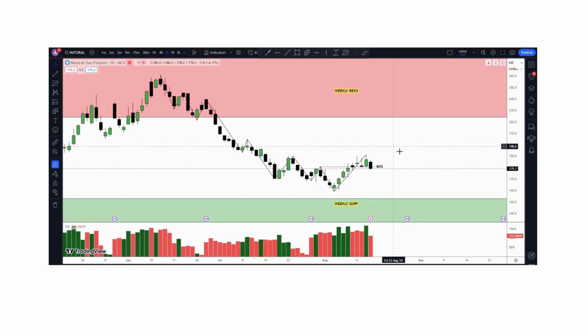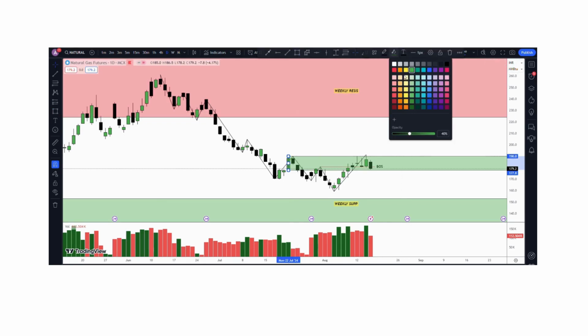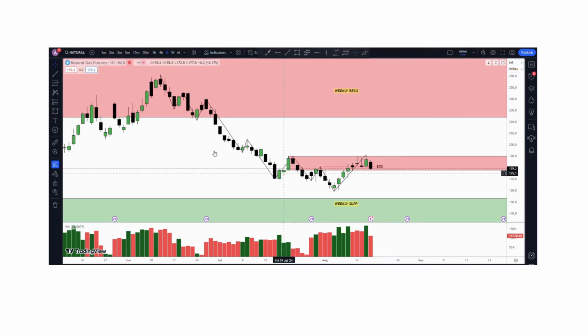So we tried to break, but as you can see, this is the daily resistance. If I just mark this and put a 50 fib here, we generally want price to close above this 50 fib. It did on the 14th, but immediately it's gone back down.